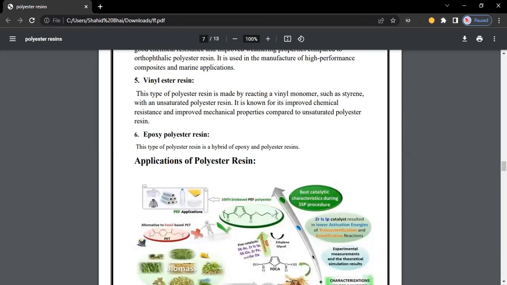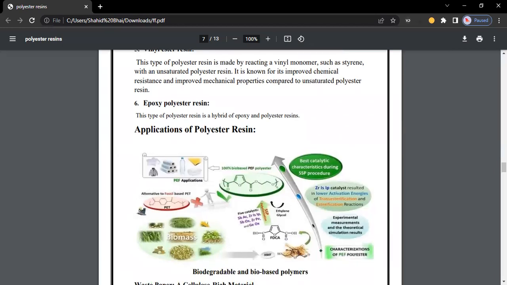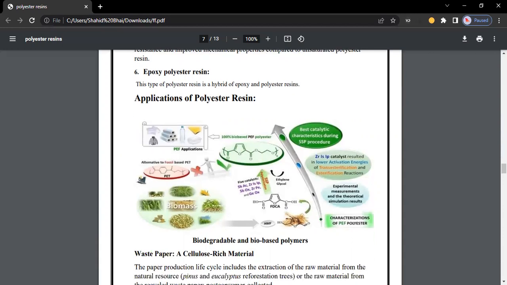Styrene offers resistance and improved mechanical properties compared to unsaturated polyester. And the sixth one is epoxy polyester resin, which is used to produce a hybrid of epoxy and polyester resins.